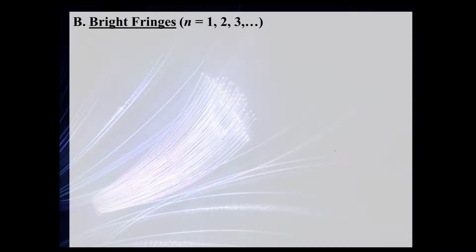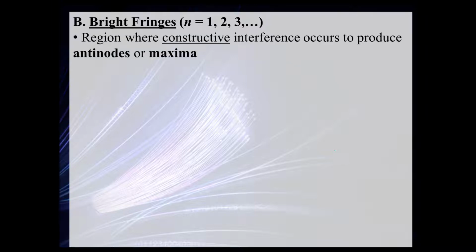But let's talk a little more about the fringes before we get into the equations. So my bright fringes have n values of 1, 2, 3. They're just the natural numbers. Bright fringes are areas or regions where constructive interference occurs.